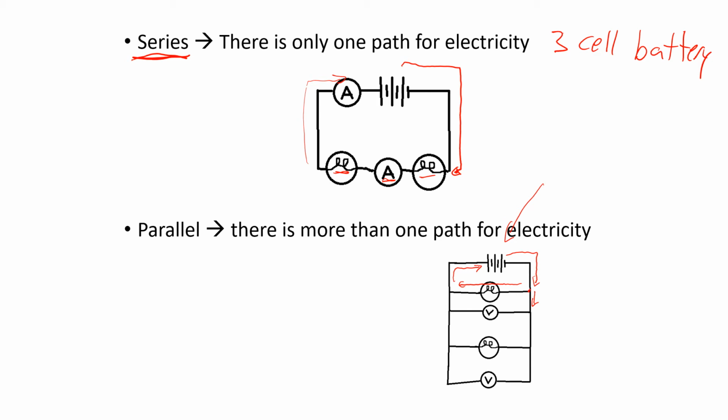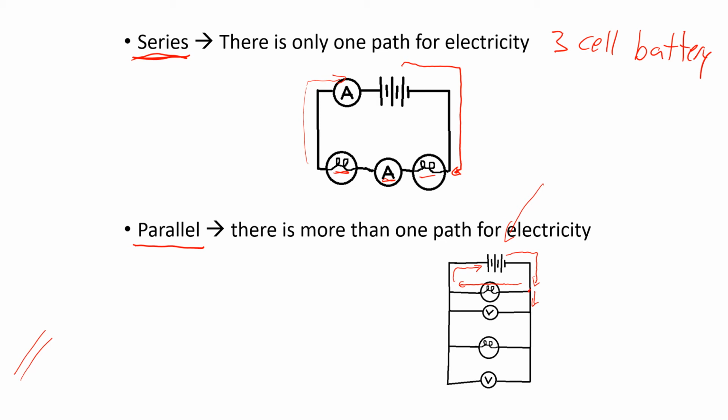Since there is more than one pathway, there is a choice for the electrons as to which way they would like to travel through the wire, and we say that that is called parallel. Now I know that parallel means two lines that run beside each other that never intersect. But in circuit electricity, it just means there is more than one pathway for the electricity.